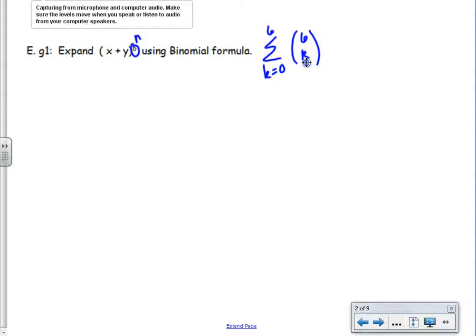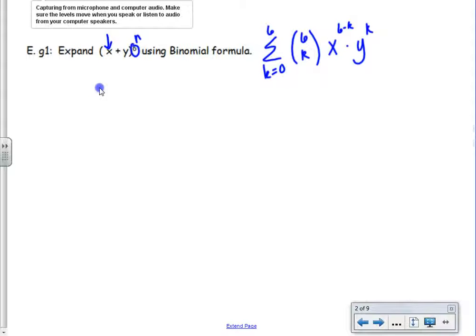The reason I'm keeping k general is because we're going to expand the entire binomial, so we want every single coefficient. Then x is my a value, so we're going to take it to the 6 minus k power for any particular term, and then times y to the k power. You'll get used to this, it's just kind of funky.